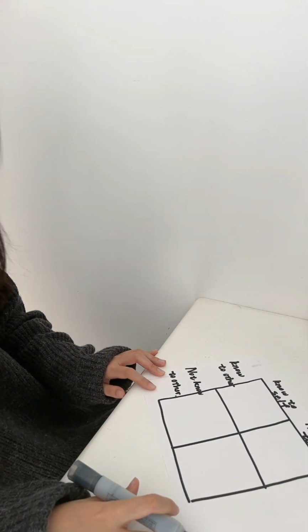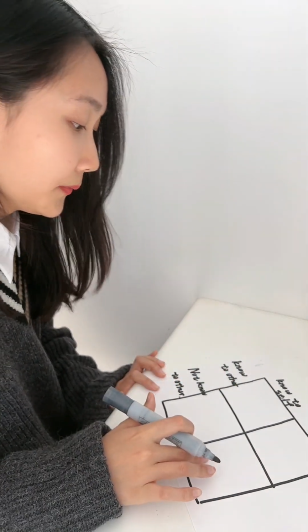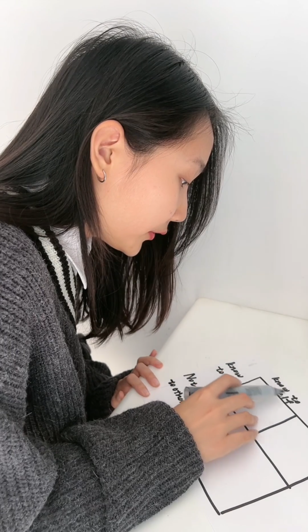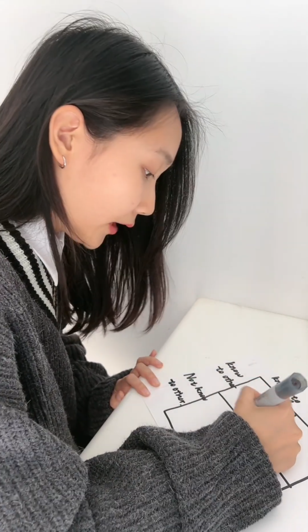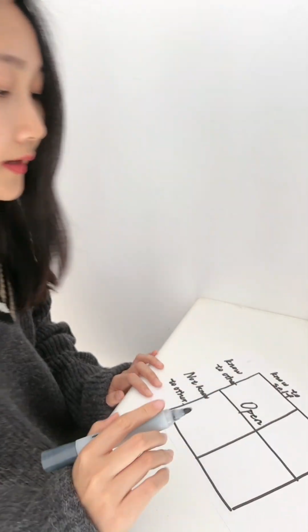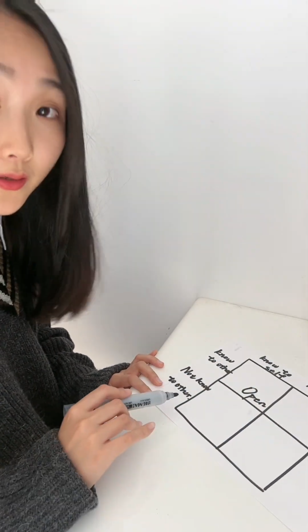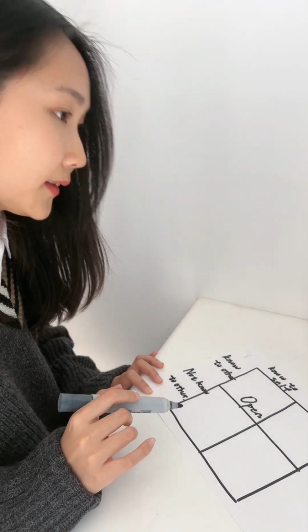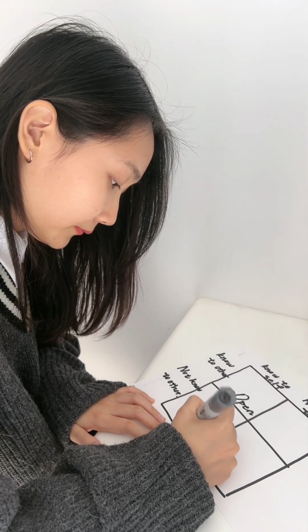Okay, so right now we can see the meaning of the 4 areas. The first one, known to yourself and known to others, is the open area. The second one, known to self but not known to others, is, we can say, the secret area or hidden area.